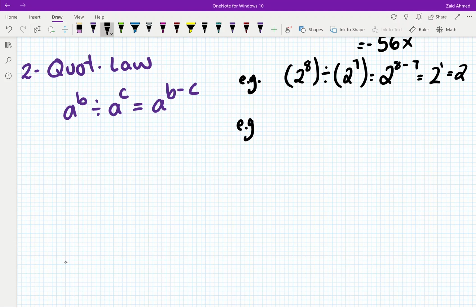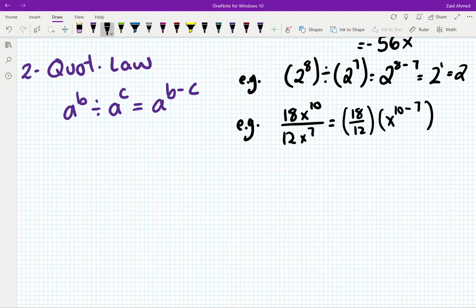I'll give you guys another example. You could have 18x to the power of 10 divided by 12x to the power of 7. What we would then do is simplify 18 over 12, and we would do x to the power of 10 minus 7.